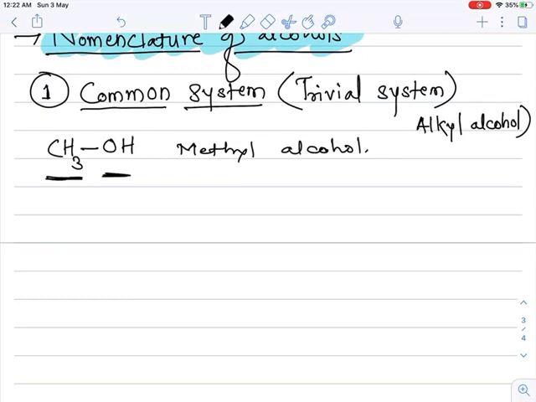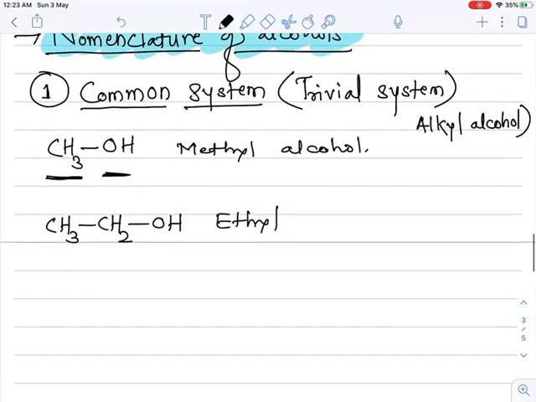If we take a second example, that is a 2 carbon containing alcohol, CH3CH2OH, what's its common name? We can see here, this is a 2 carbon containing alkyl group, so it is ethyl group, to which OH group is attached means alcohol, so its name is ethyl alcohol.